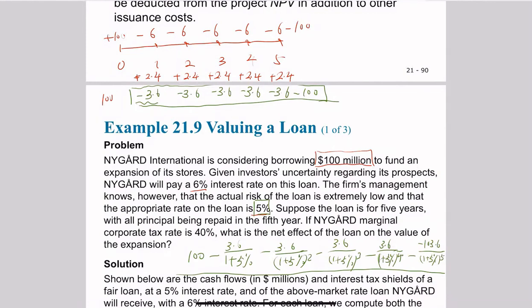The second caveat is you should use the fair interest rate of 5% as the discount factor. You should not discount these cash flows using 6% interest rate. 6% interest rate basically is only used for calculating your interest payment. And when you discount it, you will use the 5% fair interest rate, right?